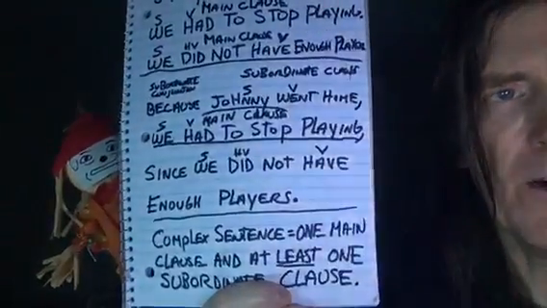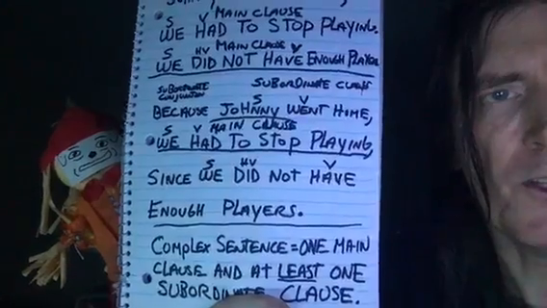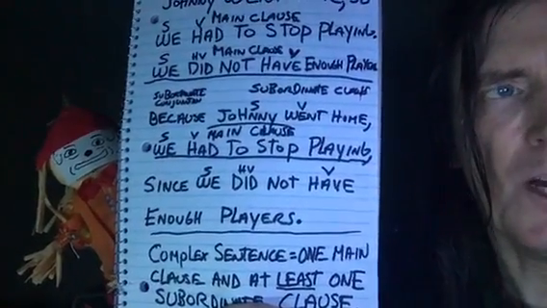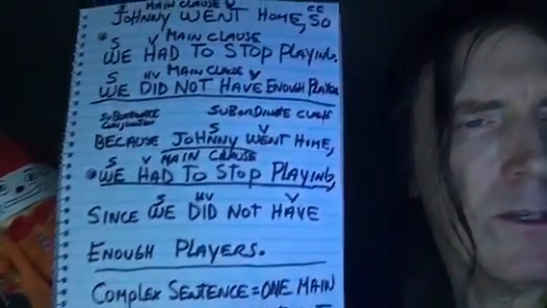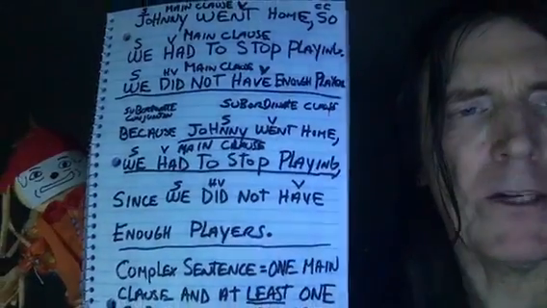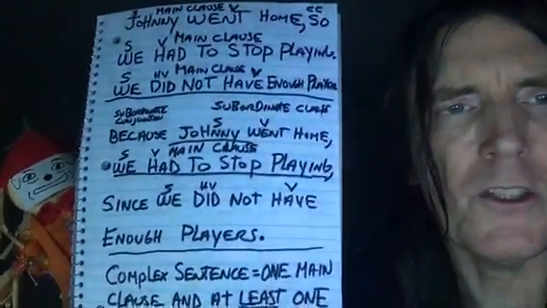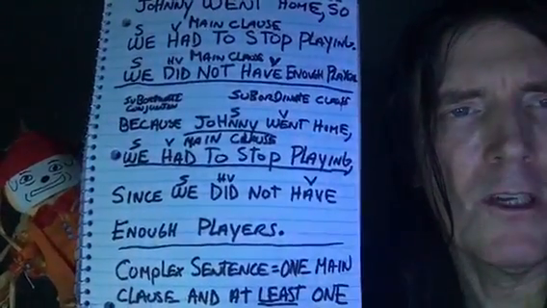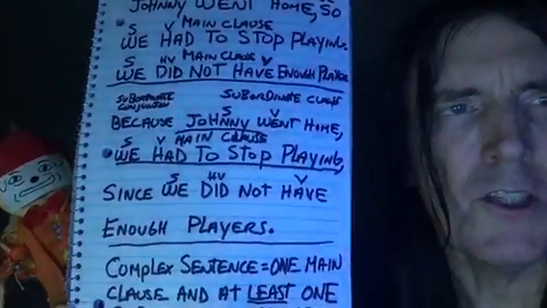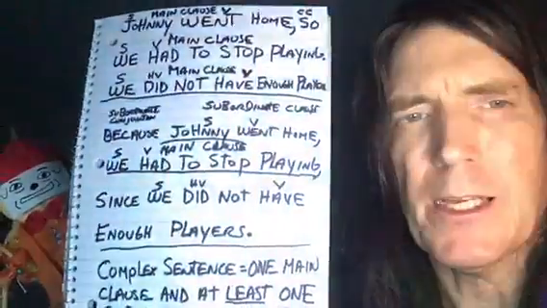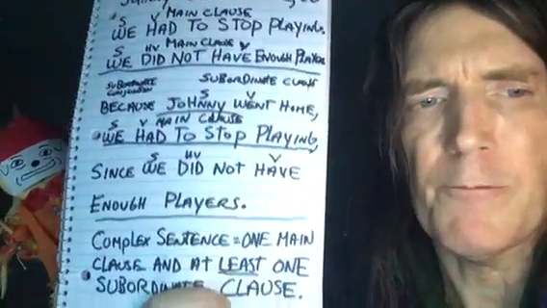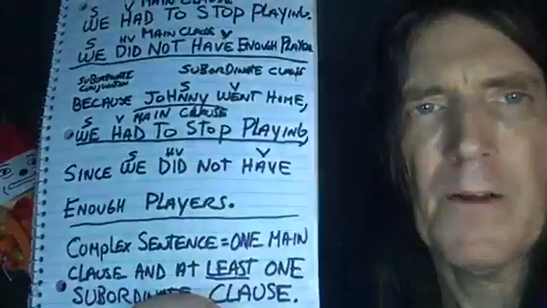So that's what we have there, because we have two subordinate clauses: because Johnny went home, and since we did not have enough players. And the main clause, we had to stop playing. Because Johnny went home, we had to stop playing since we did not have enough players. Okay? All right.